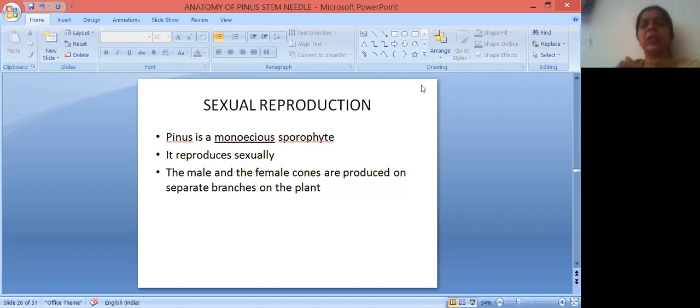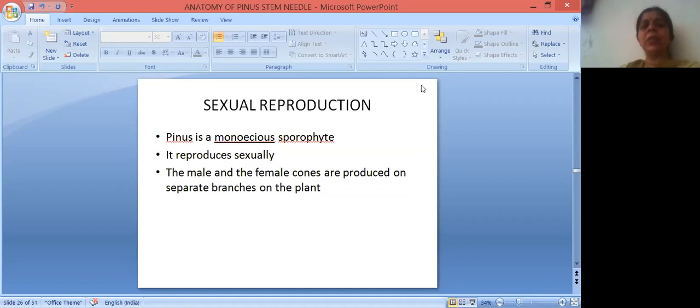Monoecious and dioecious are two types of plants we can find in dicotyledons as well as in monocots, and also in gymnosperms. Coming to Pinus, it is monoecious. Gnetum, one more advanced gymnosperm, is dioecious. It has a quality similar to dicotyledons.